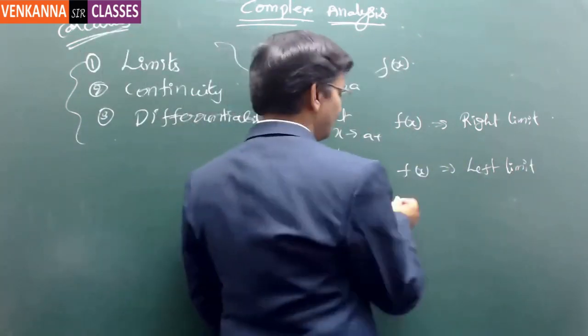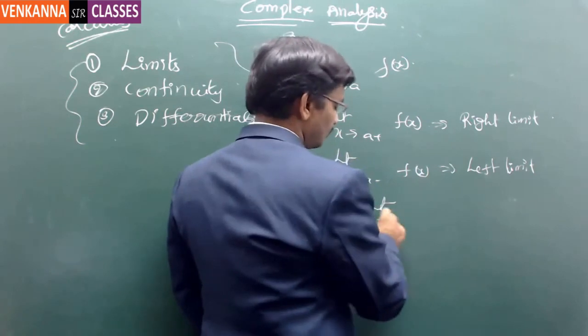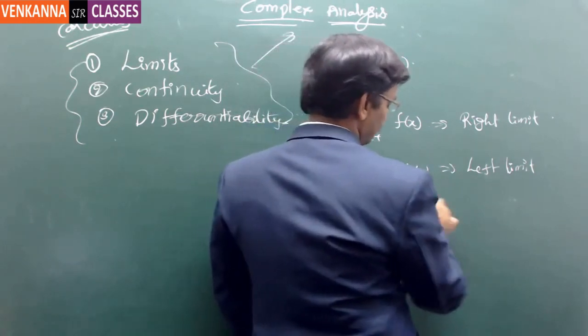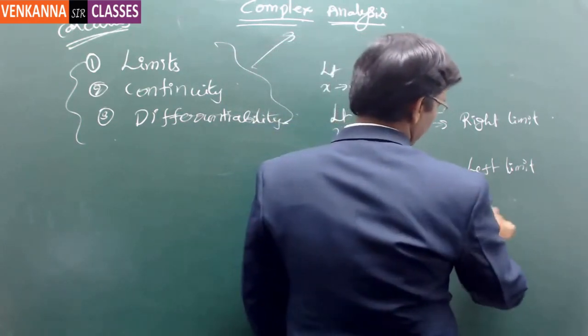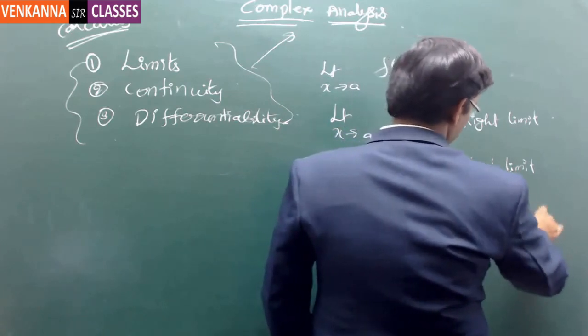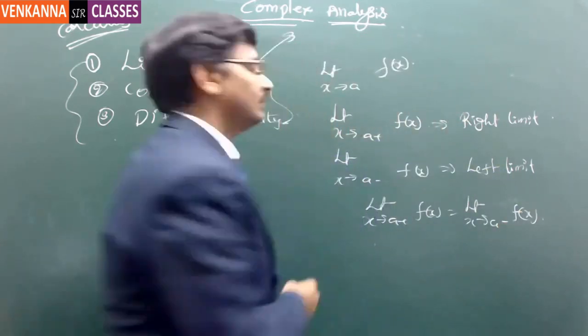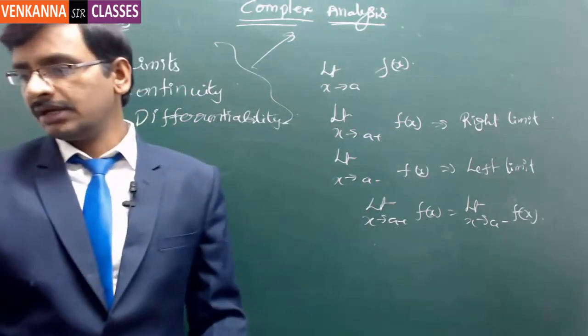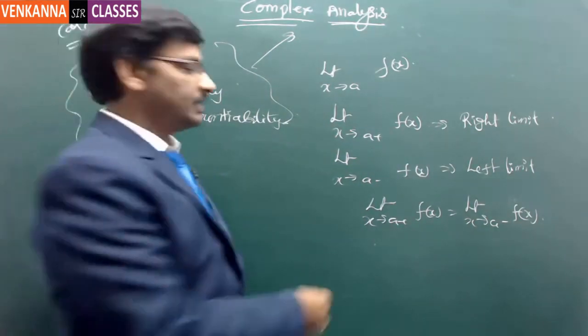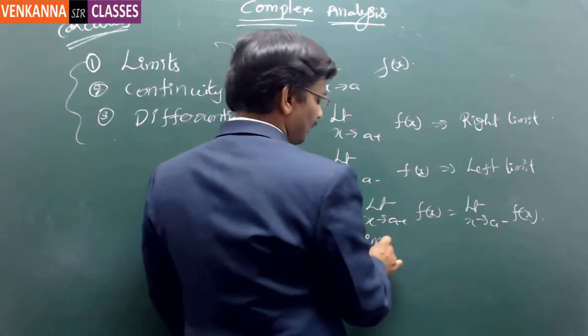Suppose the left limit is equal to the right limit, that is, limit as x tends to a plus of f of x is equal to limit as x tends to a minus of f of x, then we say that the limit exists for a real function, correct or not? So this is the condition for the limit to exist for a real function.